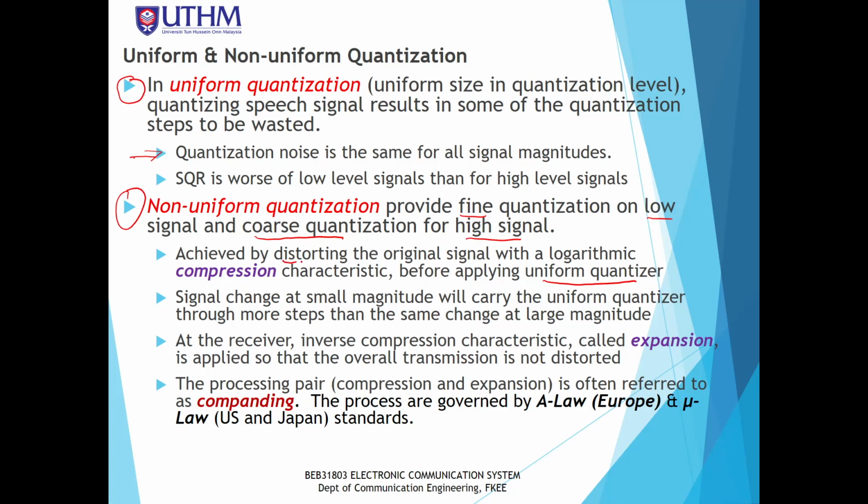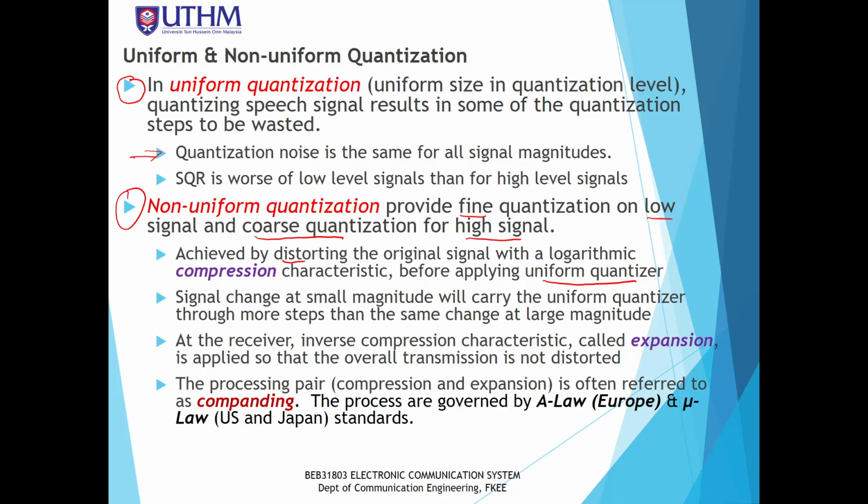Distorting means that we are modifying the input by passing it through the compression block. If you see the block diagram, there's one block that we call the compression. Compression means that we compress the signal based on a certain standard, and then we apply it to the quantizer.